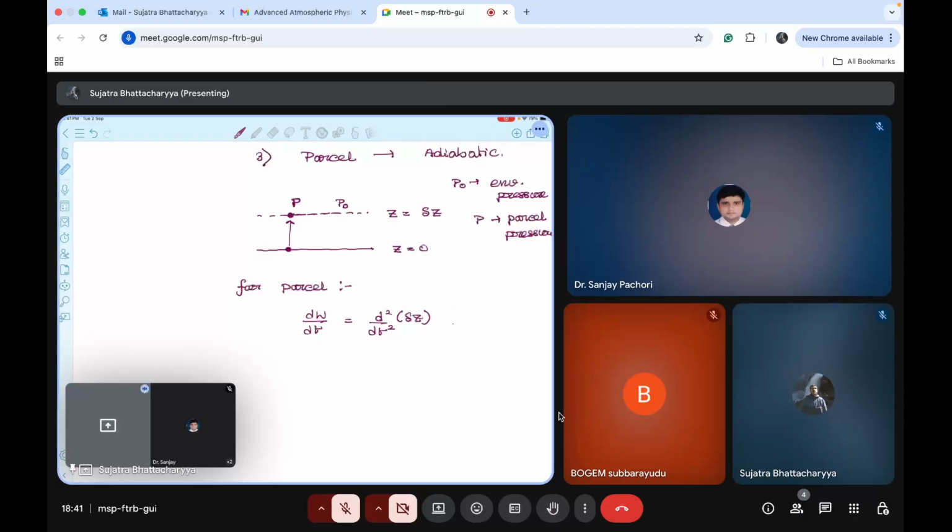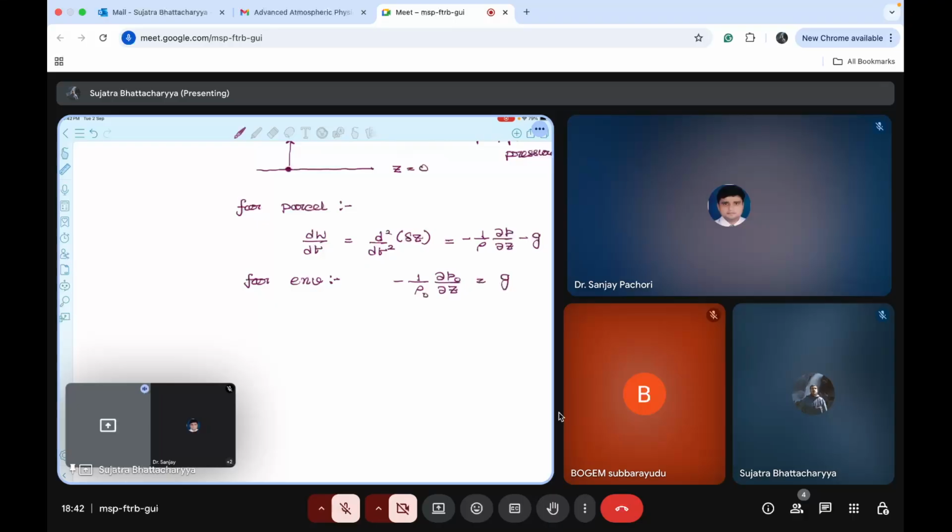This is equal to minus 1 by rho delta p by delta z minus g. This is perfect for the parcel. But for the environment, we have said there will be an absolute hydrostatic approximation, so minus 1 by rho naught delta p naught by delta z is equal to g. This is all right.